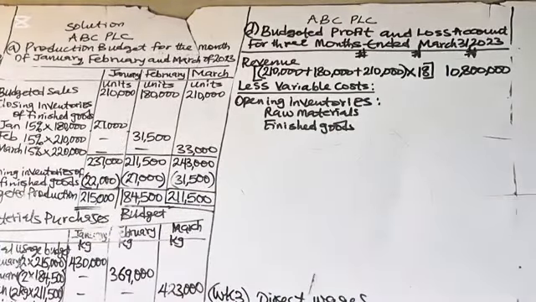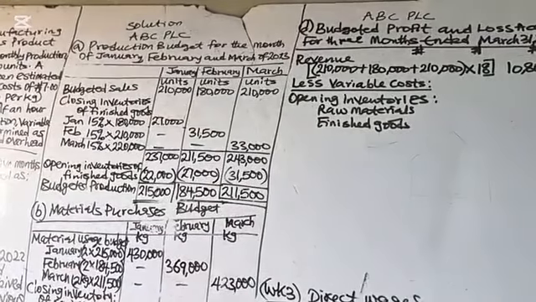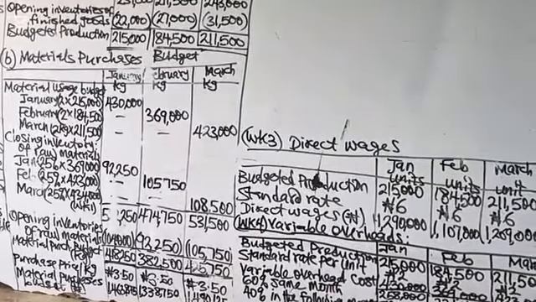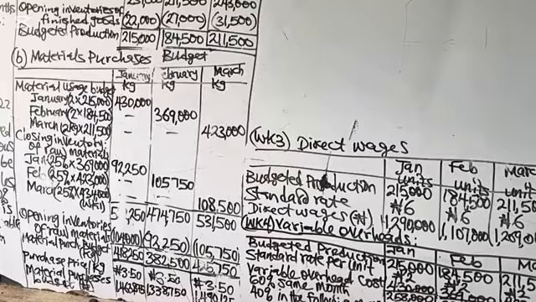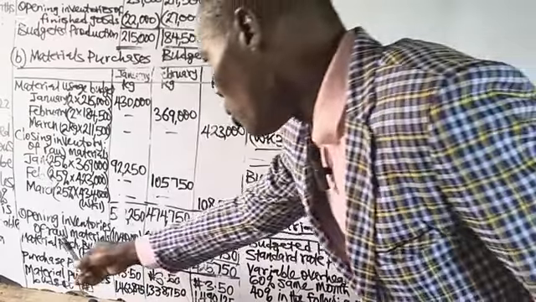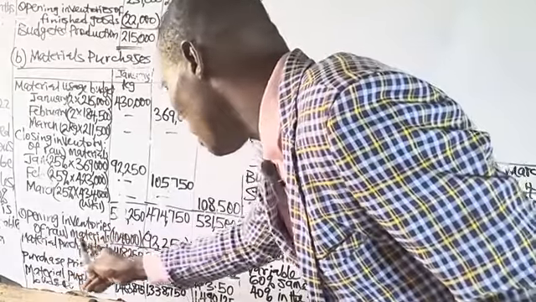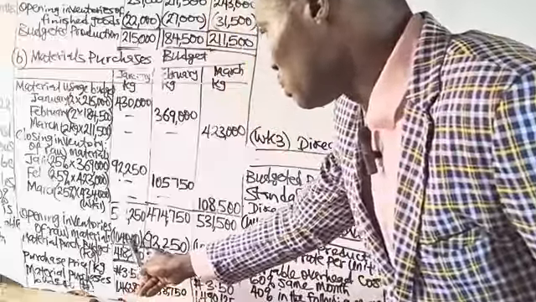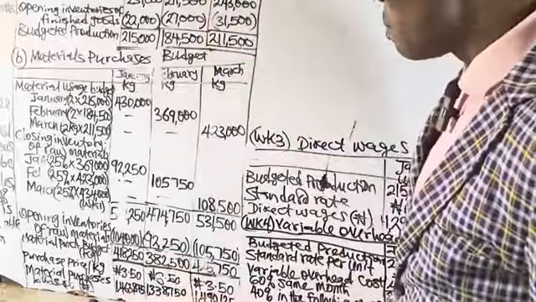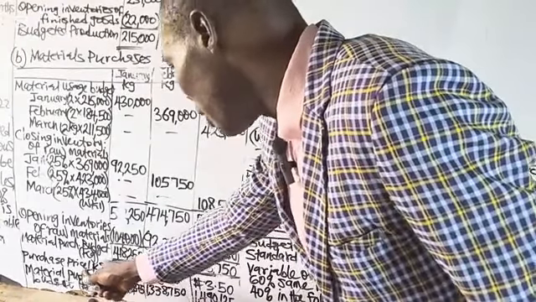And how much is the opening inventories of raw materials? It was given in the additional information, and we have opening inventories of raw materials 104,000, which was used in the material purchase budget.